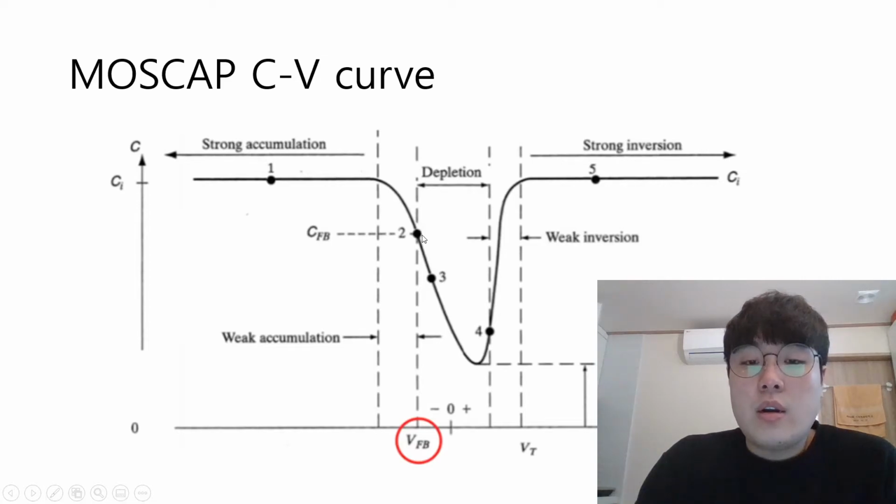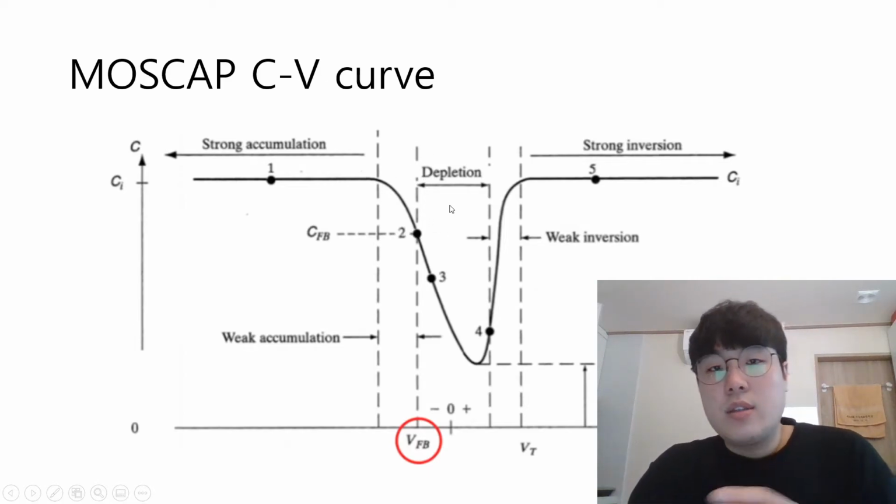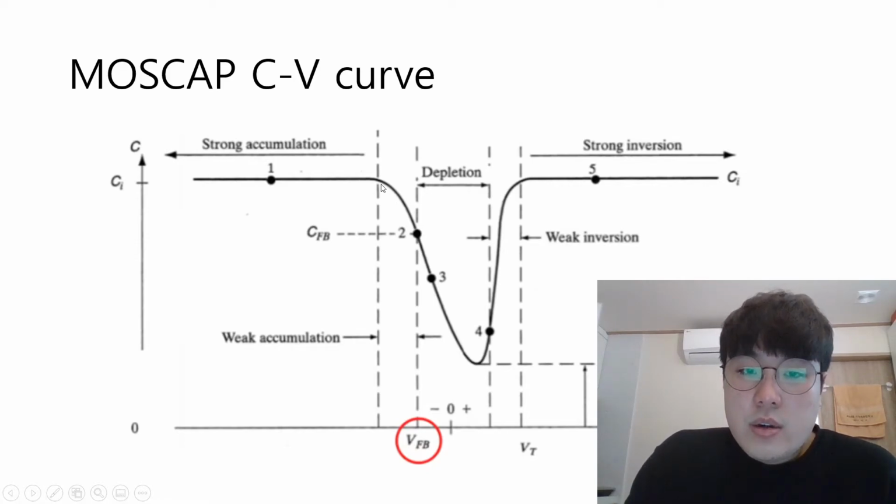value decreases because when we apply a positive voltage at the gate, the depletion layer increases at the oxide interface, so that acts like a new insulating layer.